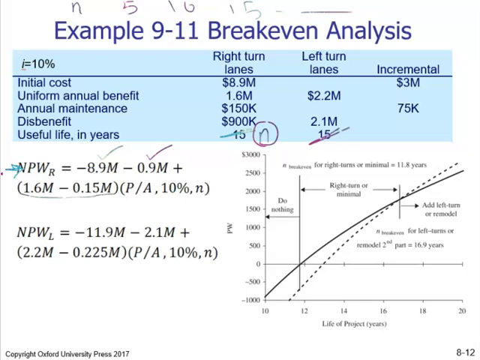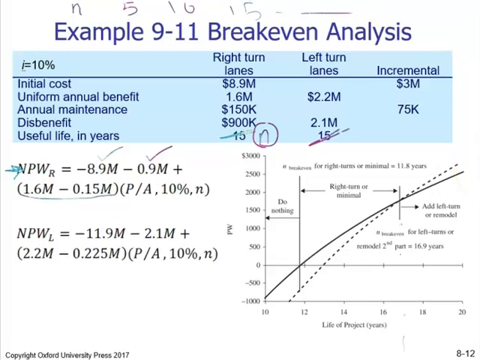About the benefits and maintenance, you get them, and you get all the present worths. For the left lane you also do the same thing. And here is also the visualization.